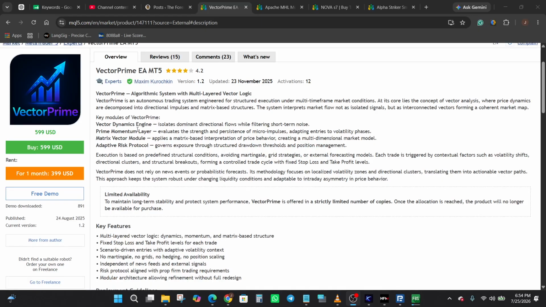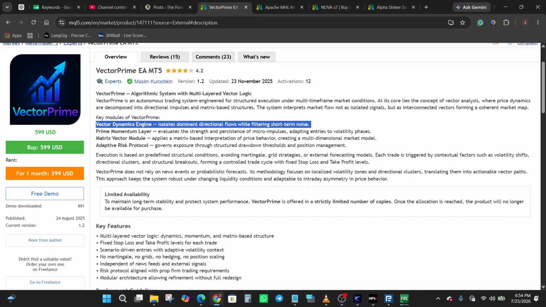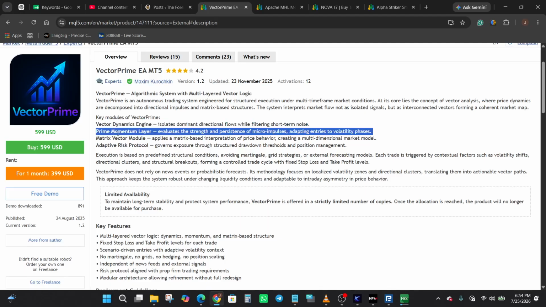The vector dynamics engine isolates dominant directional flows while filtering out short-term noise. The prime momentum layer evaluates the strength and persistence of micro impulses, adapting entries to different volatility phases.